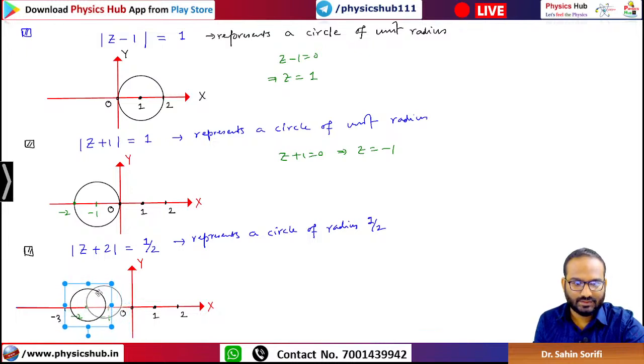Center will be at z equals to -2 and radius will become half. Tell me guys if it is clear. This is a very fundamental concept. You will be utilizing this many times in the upcoming problems.